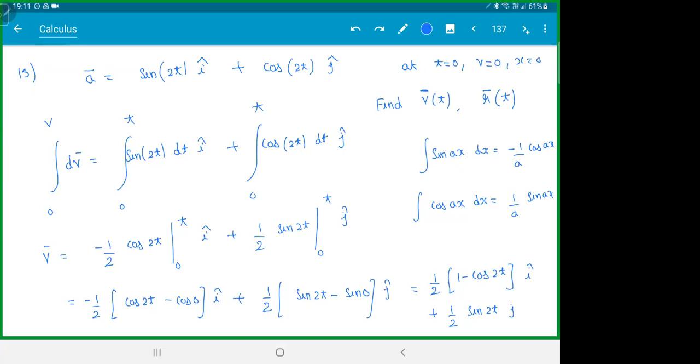Anyone confused with any particular step you didn't get? Now you still have to find position. Now you got velocity. Now you have to integrate this again to get position. Try. Again 0 to t limits.